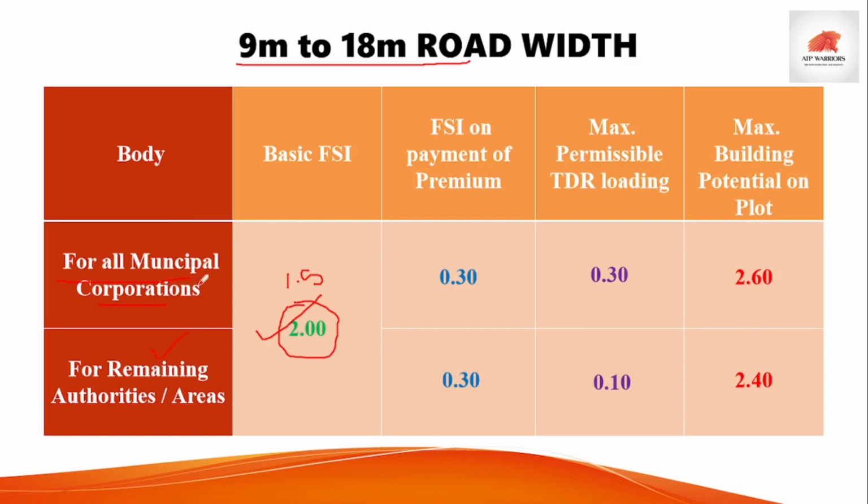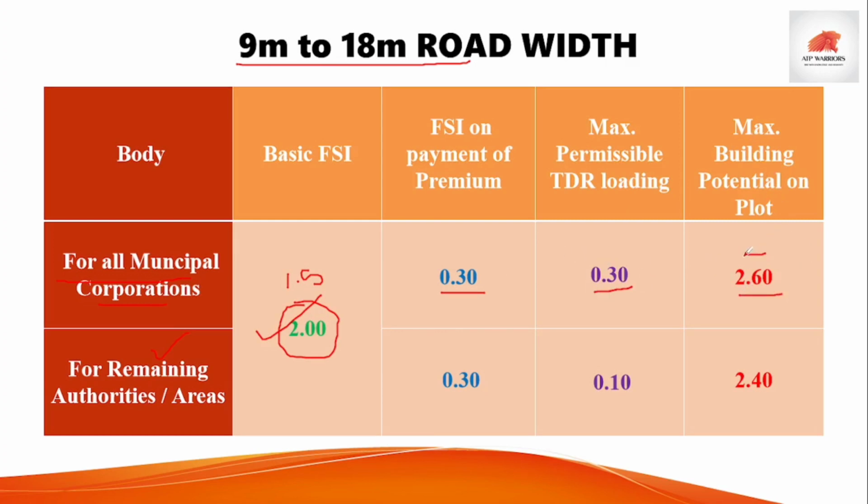For the municipal corporations, for a plot facing 9 meter to 18 meter road width, the basic FSI is 2, and the FSI on payment of premium is 0.30. And the maximum TDR loading is 0.30. And the maximum building potential is 2.60.